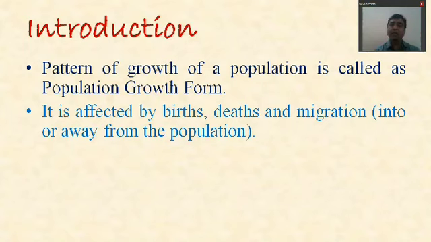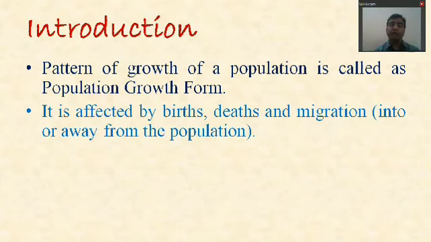At the same time, if a habitat is rich in natural resources, individuals of the same species from a different habitat may enter into this habitat, which is rich with resources. So it will cause an increase in the population growth.